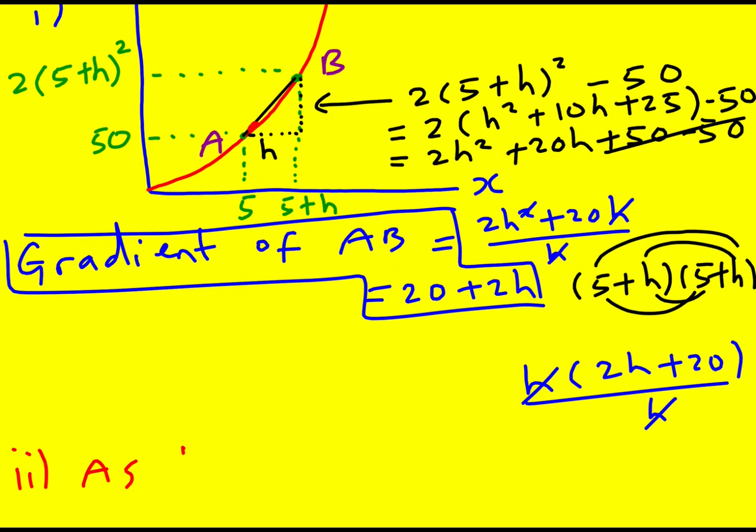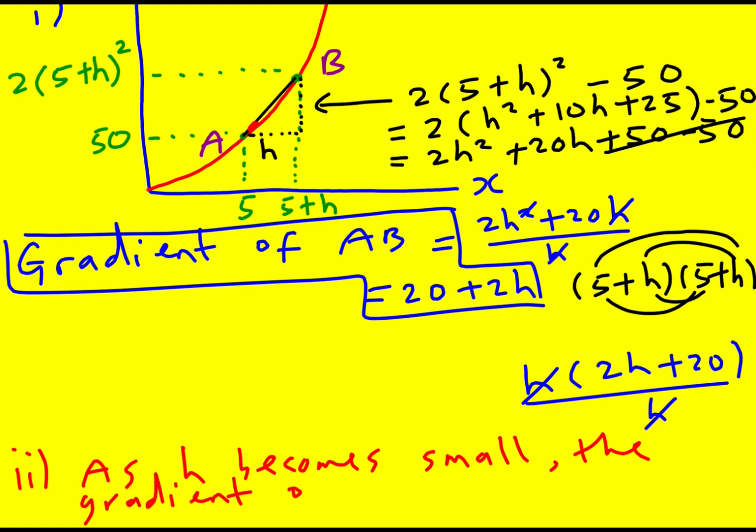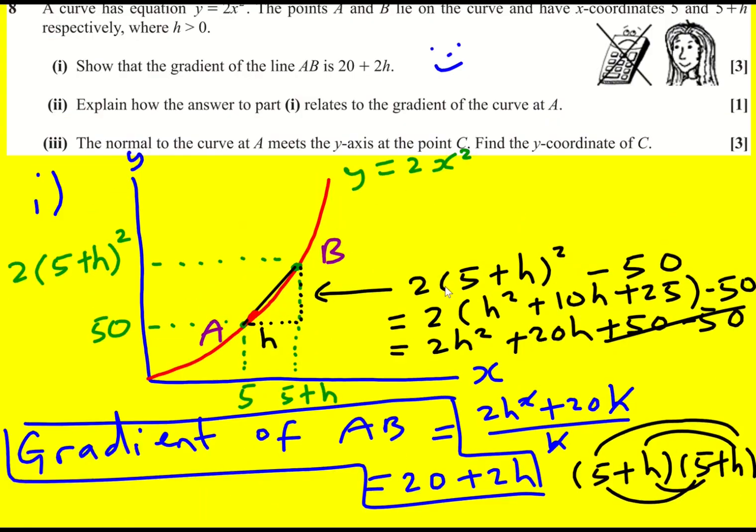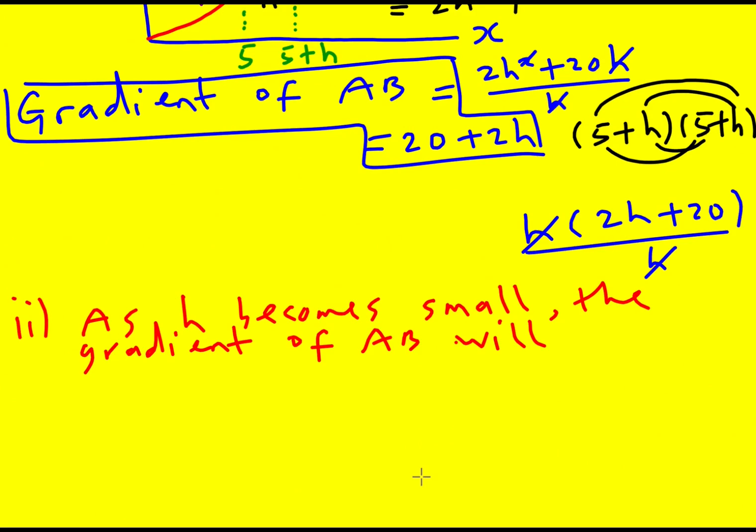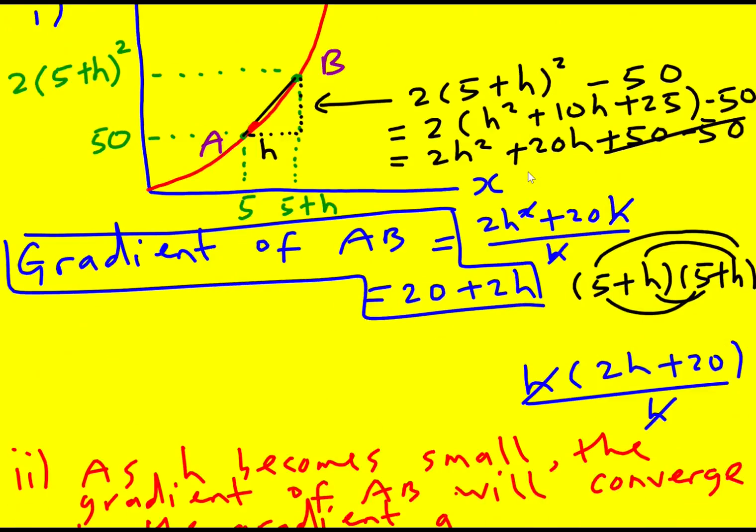So as h becomes small, the gradient of AB, just want to look at the question, will tend, I don't know how exactly to write this, will converge or become closer to the gradient of the curve at A.